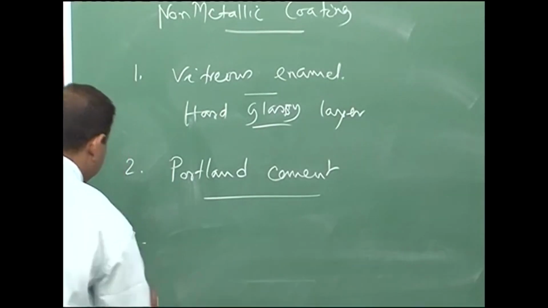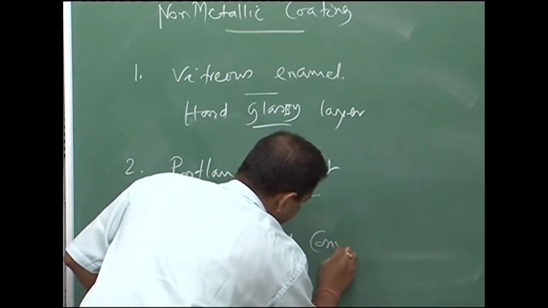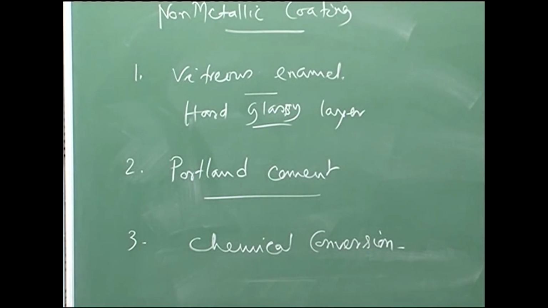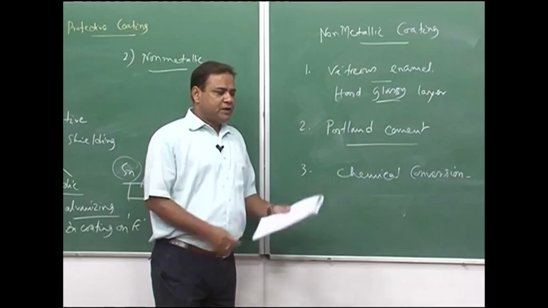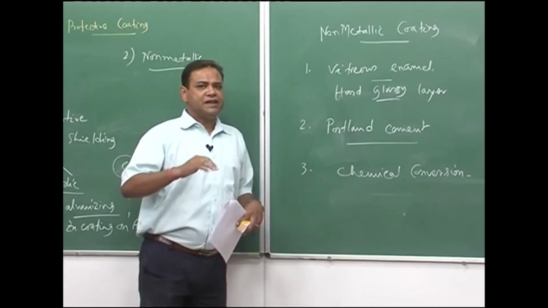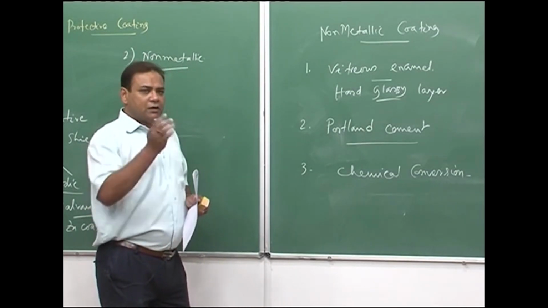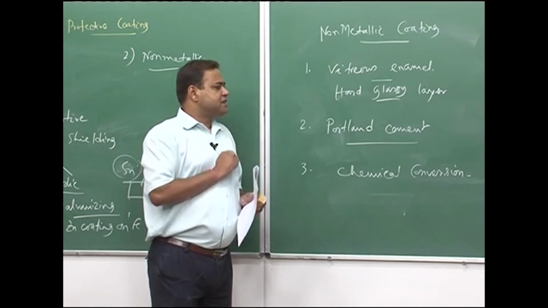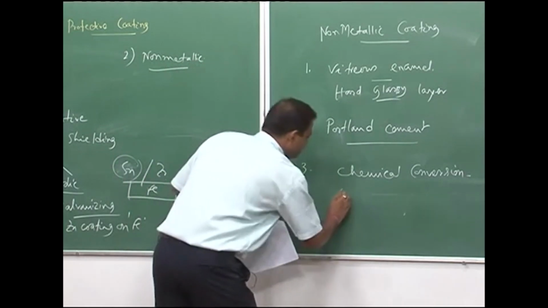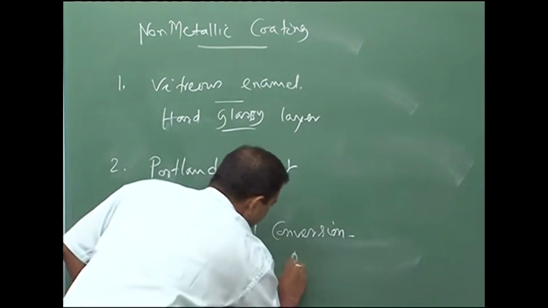Then we can also have chemical conversion coating. What it does is, the metal is intentionally reacted with the environment, and during that reaction an impervious layer is formed, and that layer would be resistant to corrosion. One example is anodizing of aluminum.